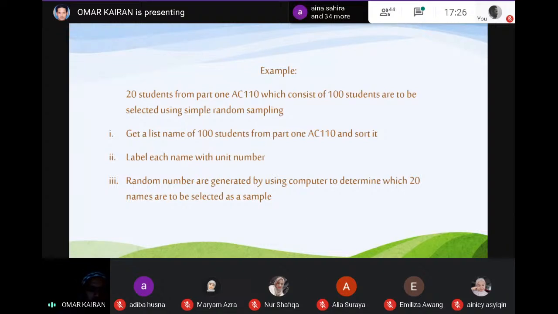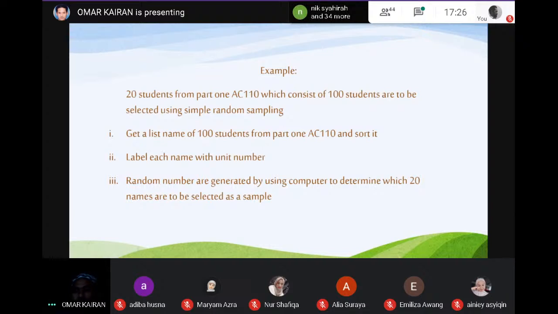And the third is random numbers are generated by using computer to determine which 20 names are to be selected as a sample. So using random number. Ataupun kalau 100 ni kita boleh buat dalam box sajalah.